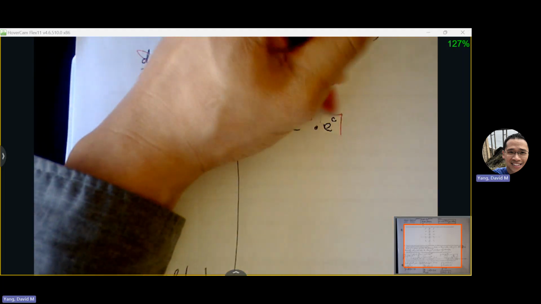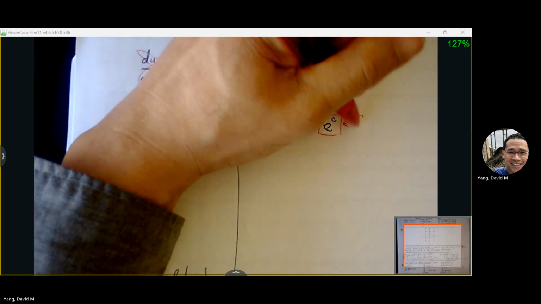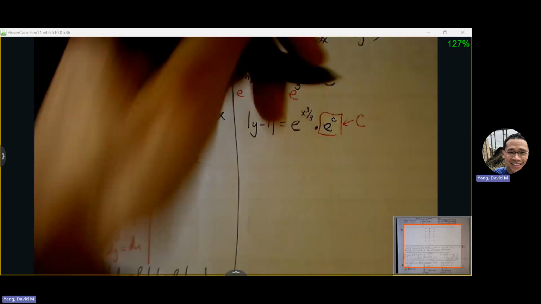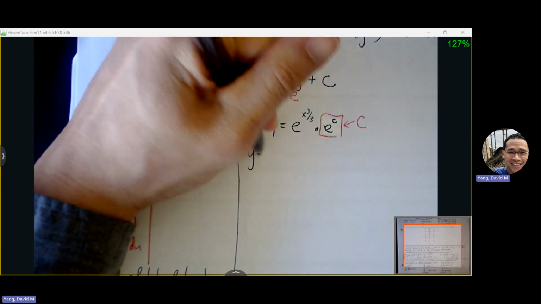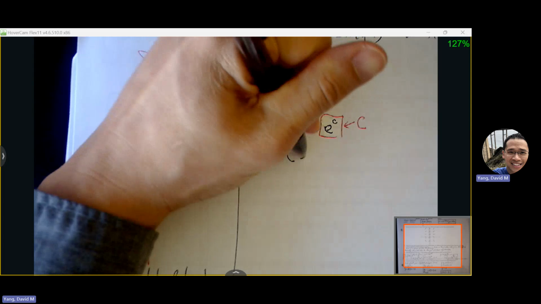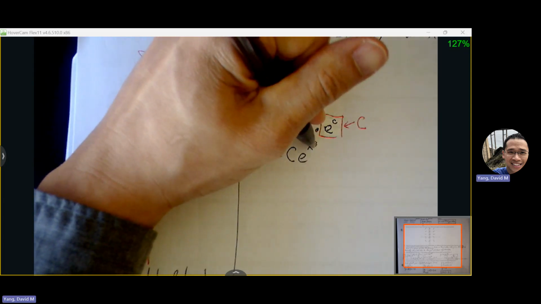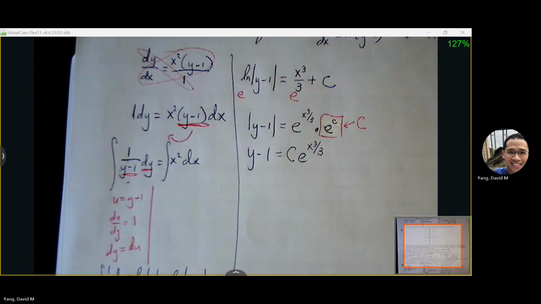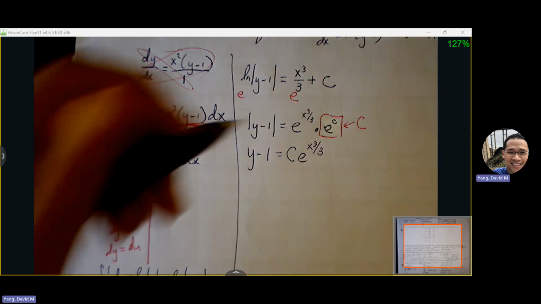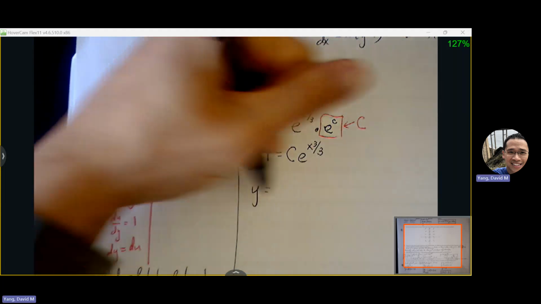And we know this is just one giant c here. Pull that c out in front, drop the absolute value bars. The c will take in the plus and minus. Okay, so now we pretty much have y by itself.